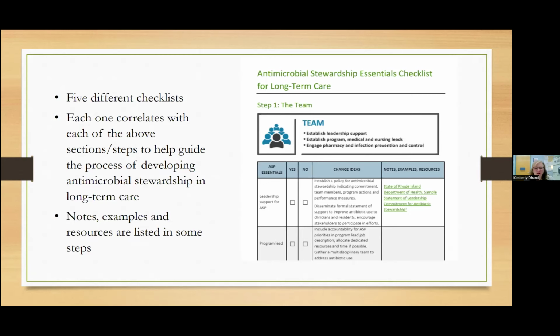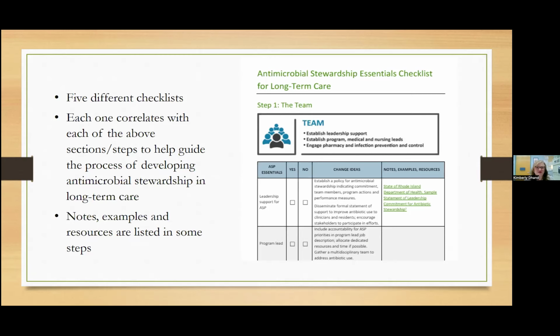Those core elements that were described before correlate to these really great checklists they have on their website, where you can go through each step and break down what you need to do in that step to get it established.